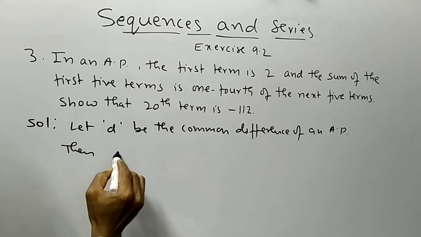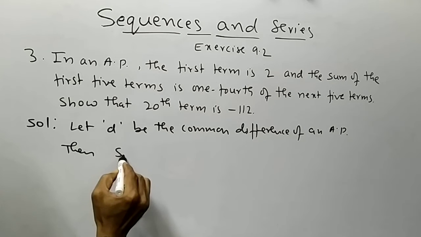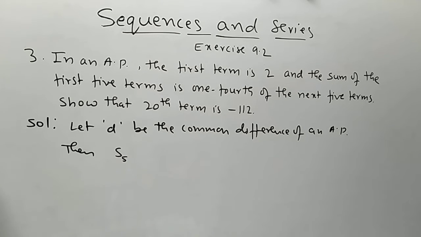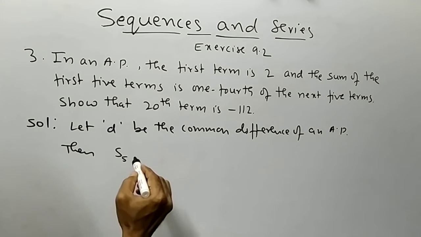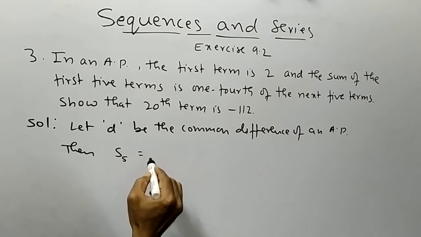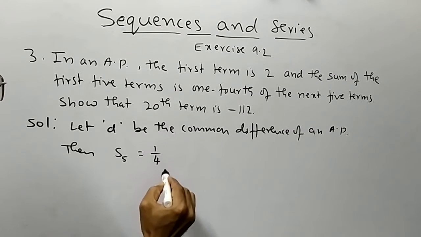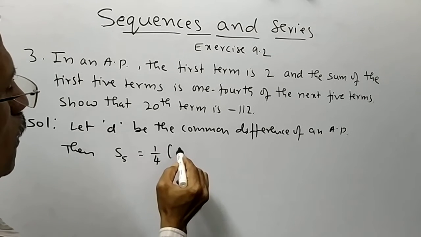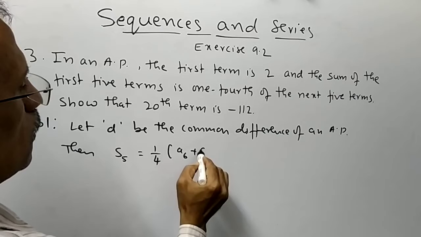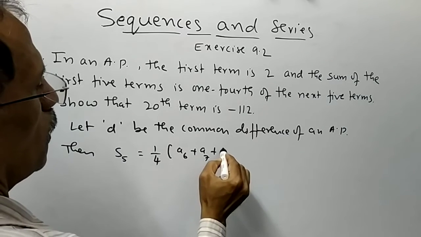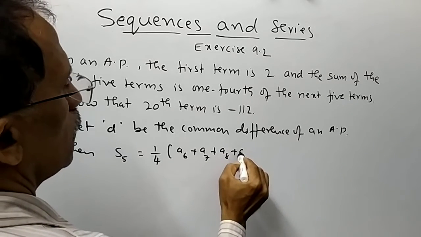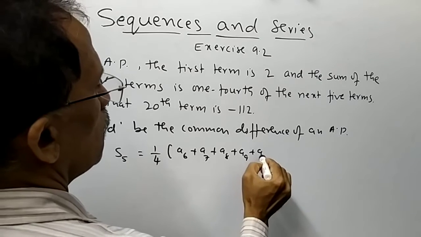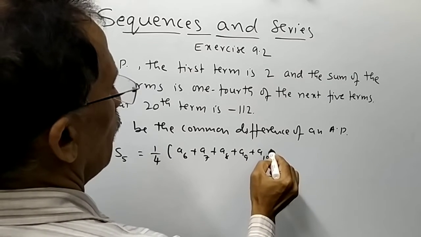Then S5, that is the sum of the first 5 terms, is equal to 1/4 of the sum of the next 5 terms, that is A6 plus A7 plus A8 plus A9 plus A10.